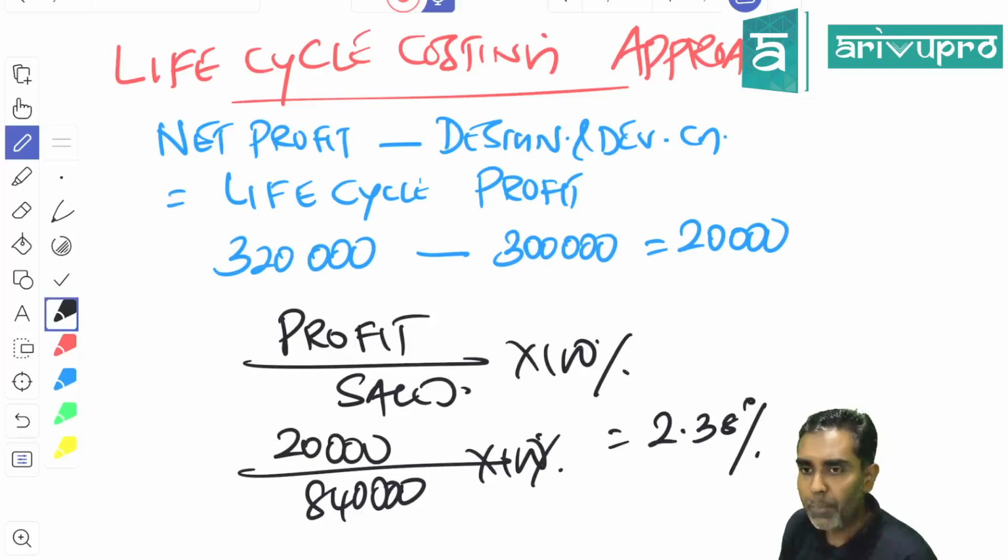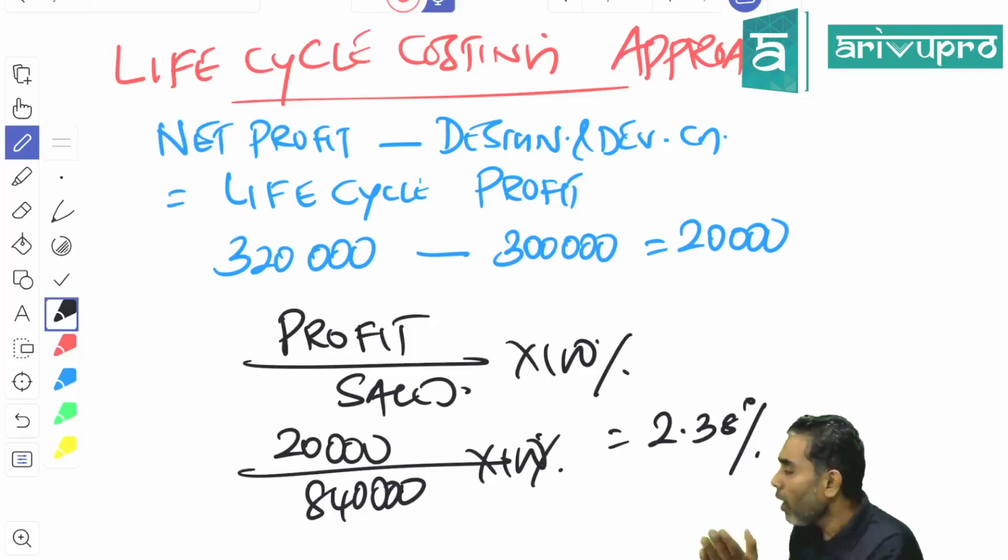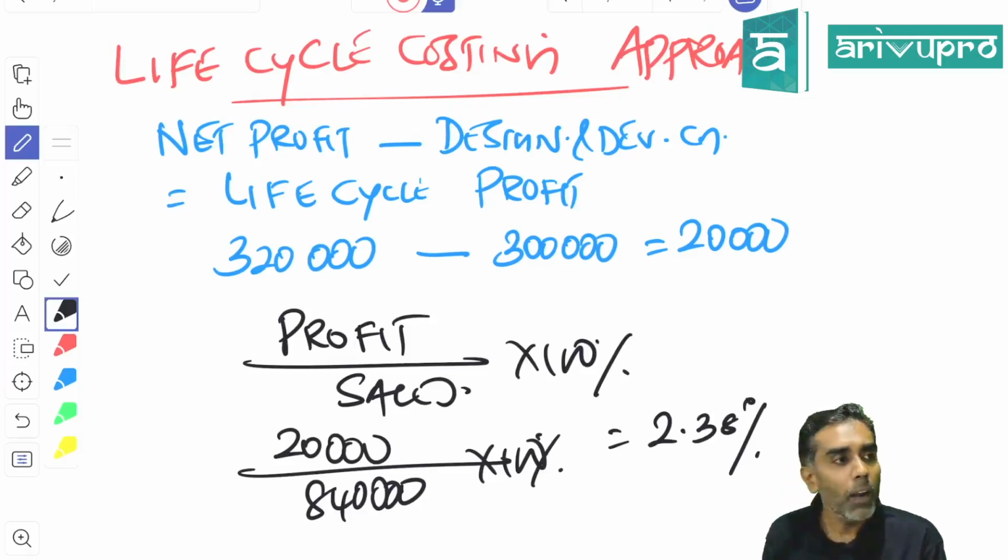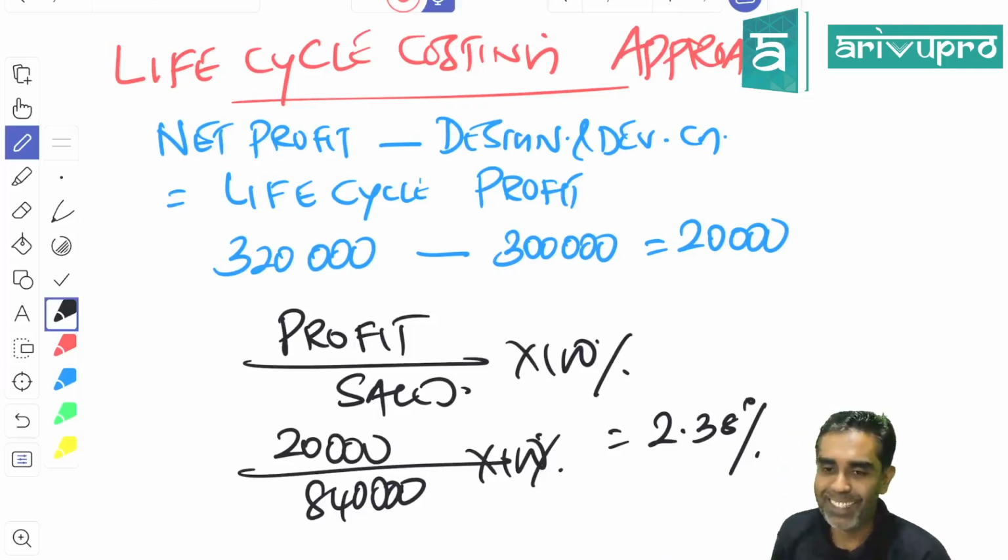In order to properly assess the performance of a product, the whole life cycle needs to be considered. That's all the life cycle costing.